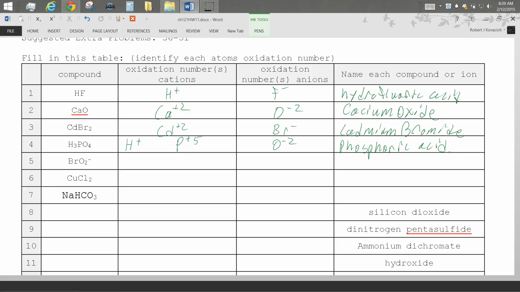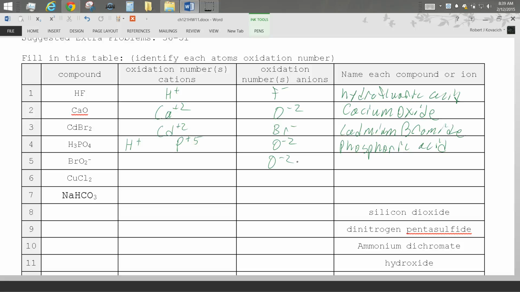Okay, cation and anion for number 5. How do you know the oxygen's -2? It's almost always -2. So how do we know that this time it is -2?